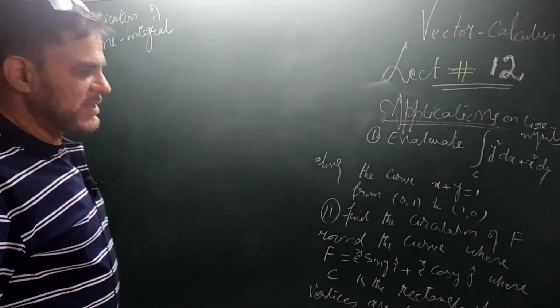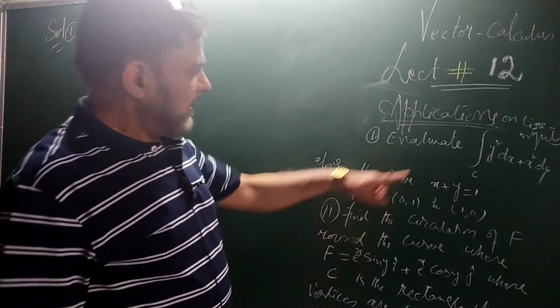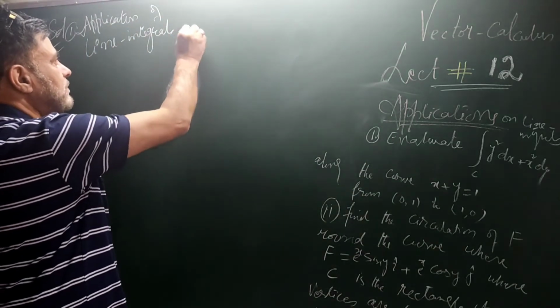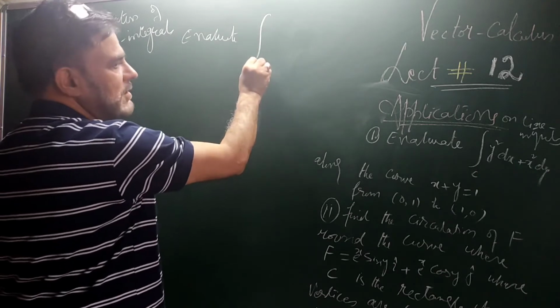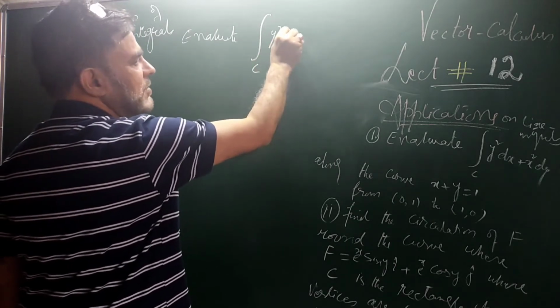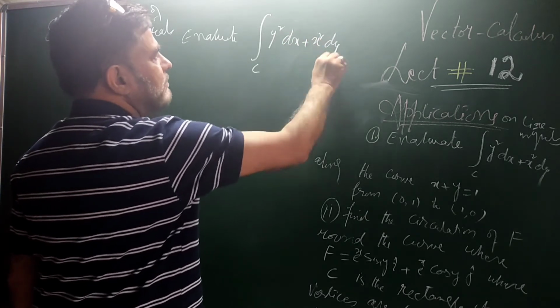I will read out the first problem, which I think is quite visible to you. Evaluate the integral. You have to evaluate the integral over the curve C. It is a line integral y square dx plus x square dy.